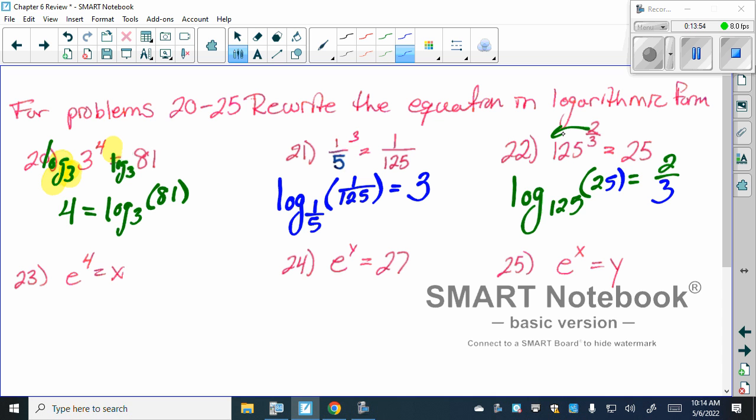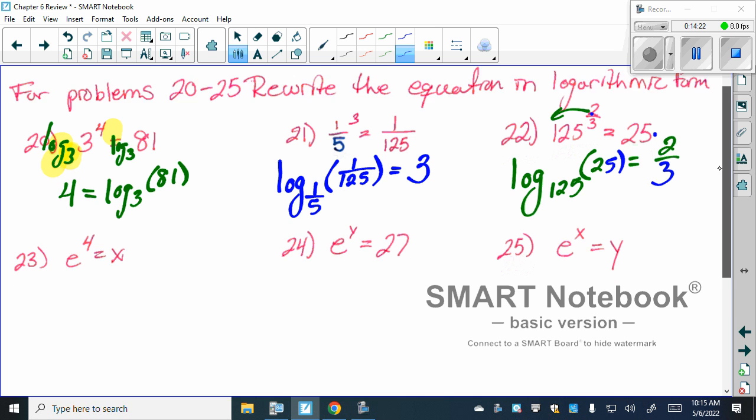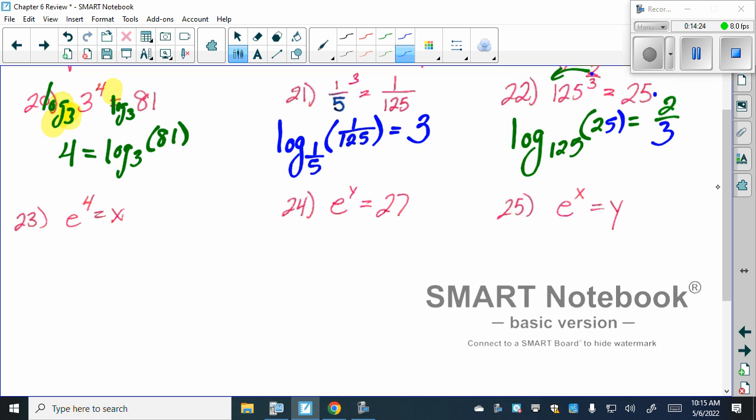So we're doing the base of 125 of what it's equal to, the power. Because our y goes to what it's equal to, x goes inside the log, and that's going to be our base. So if using that method of switching makes more sense for these here, do that. Because if what we just showed a minute ago is confusing, don't mess with it. So any other questions on 20 through 22?